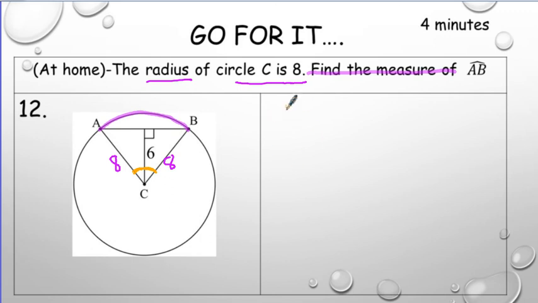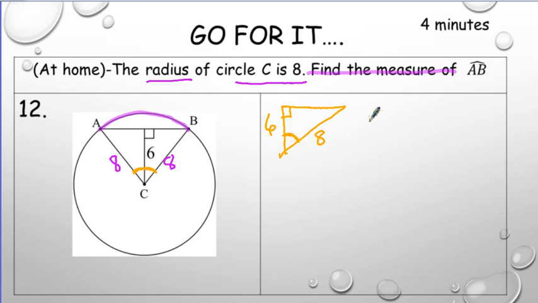So here, I notice that that's a right triangle. So I'm going to draw this right triangle. This is 6. This is 8. And when I find this angle here, then I know this angle, and then I automatically know the other one, and I want to add them together to get what that arc is.